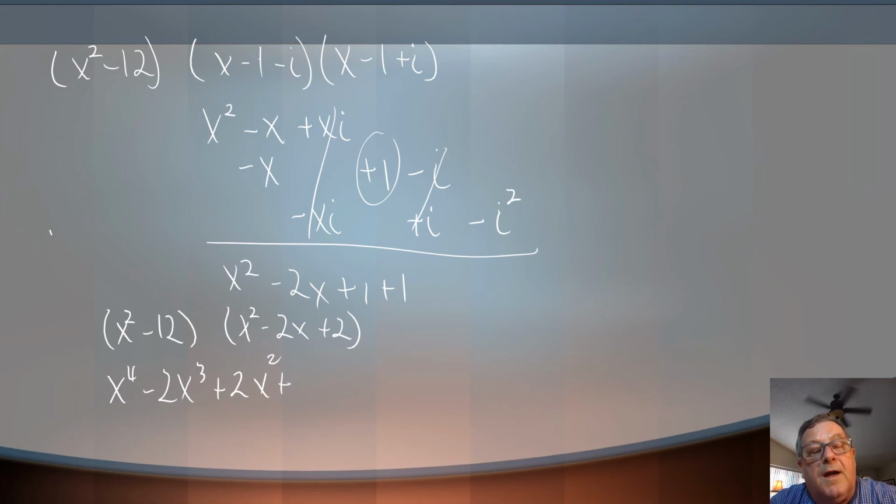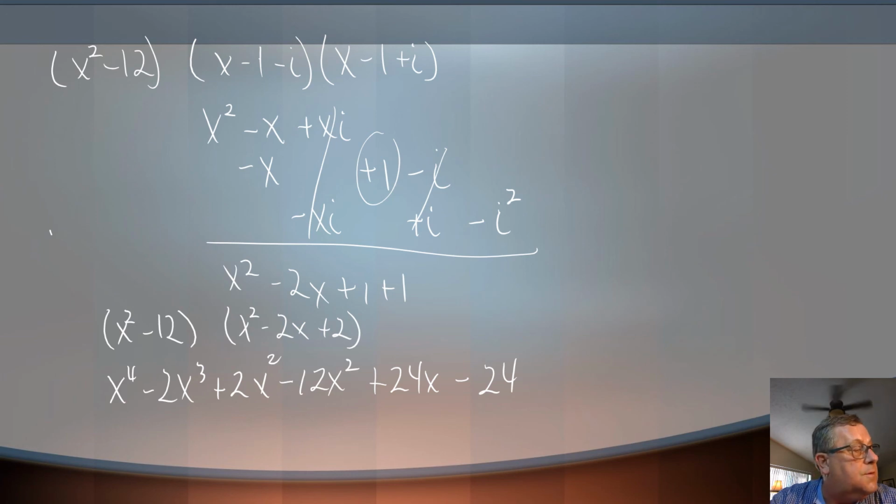I was pausing because something didn't look right. All right, negative 12 times x squared is negative 12x squared. These are fun, aren't they? Negative 12 times negative 2x is positive 24x. And negative 12 times positive 2 is negative 24.